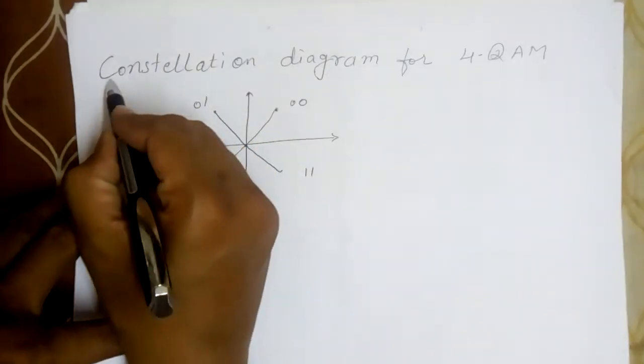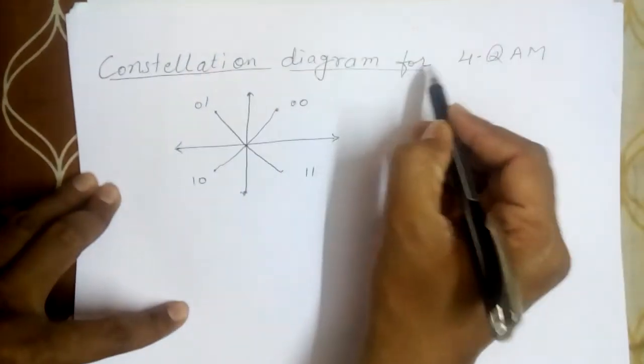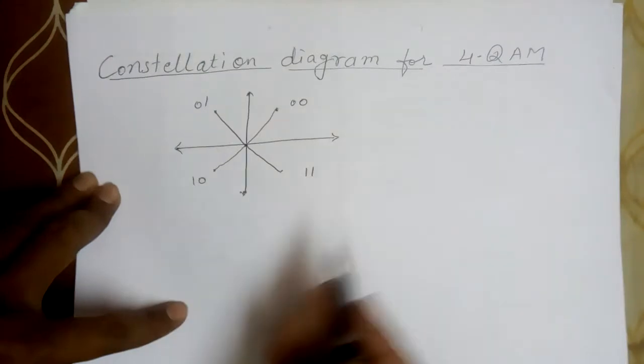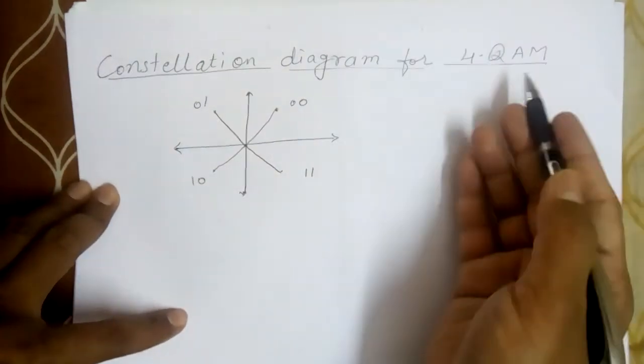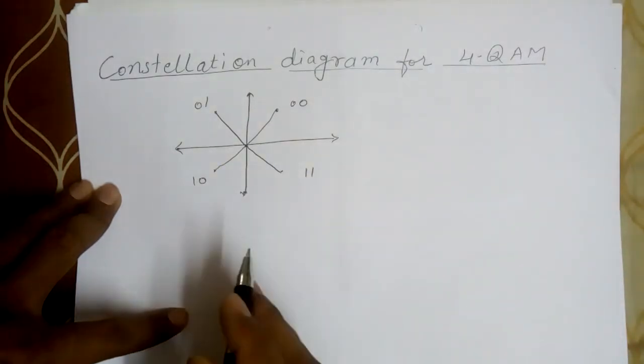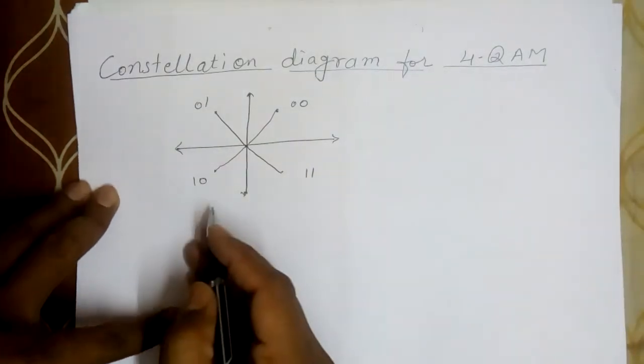So this is the constellation diagram for 4QAM system, and it is similar to our 4QPSK system.